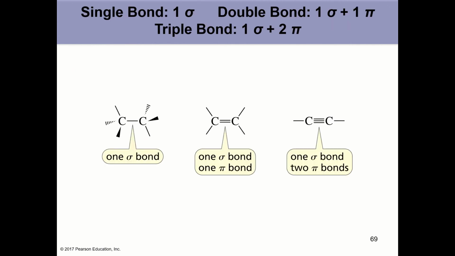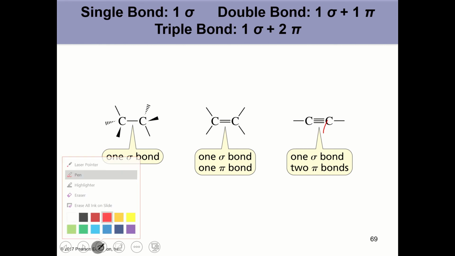And you should also note that double bonds almost always are going to result in sp2 hybridization, and triple bonds in sp hybridization.